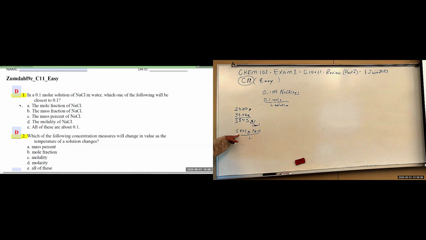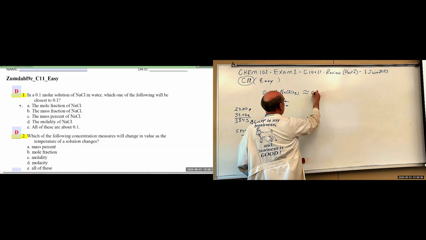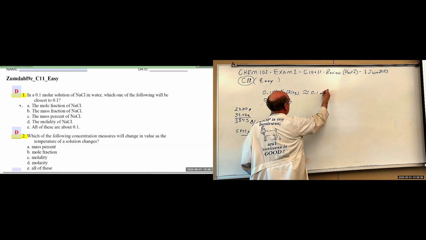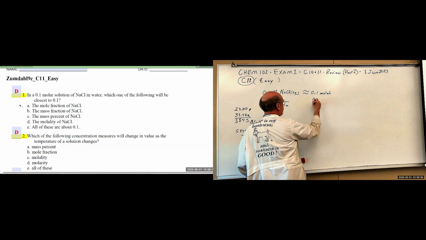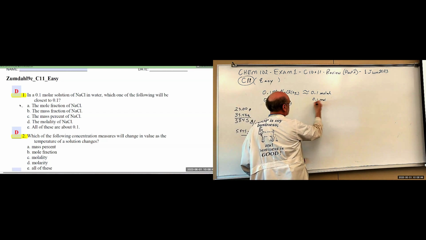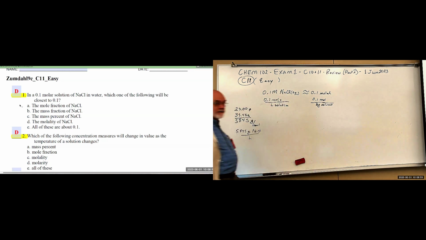So we're only adding 0.58% to its mass. That means that this value is approximately 0.1 molal, because that would make it 0.1 moles per kilogram of solvent. Okay, so they're very close together, very close values.